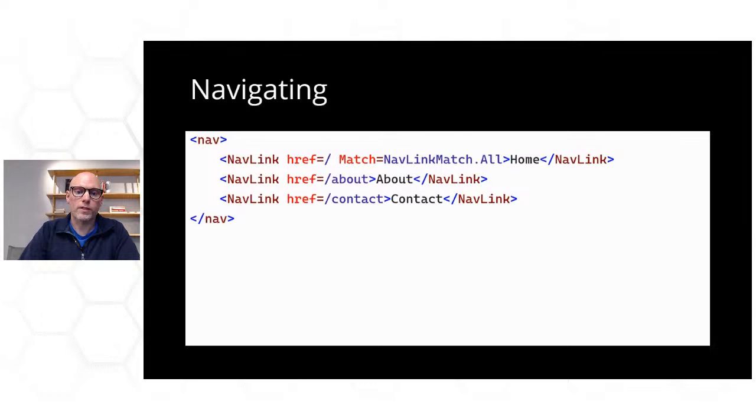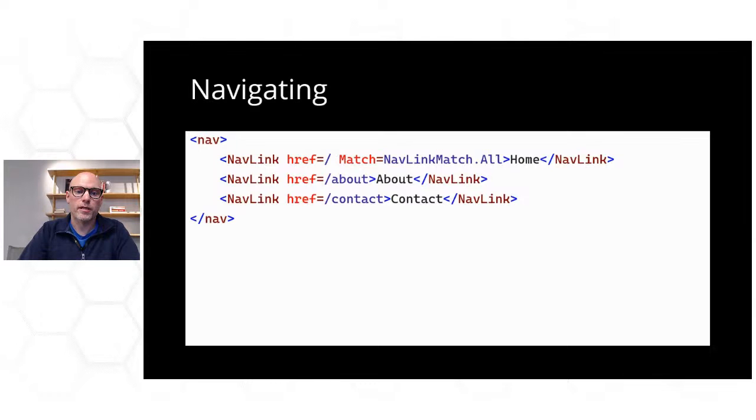So what happens is that when you navigate to a page, Blazor will automatically add an active CSS class for the active link.